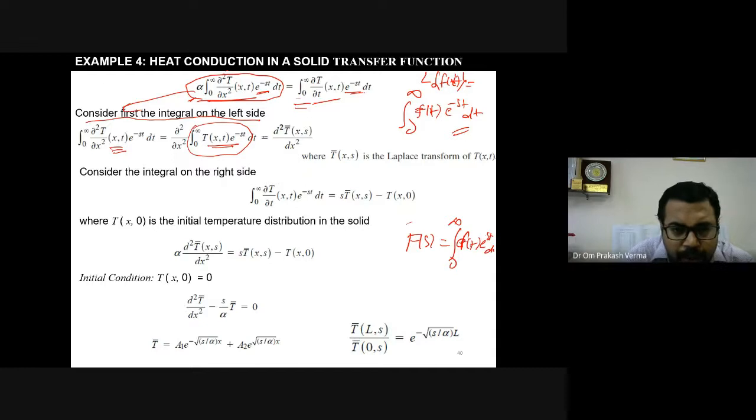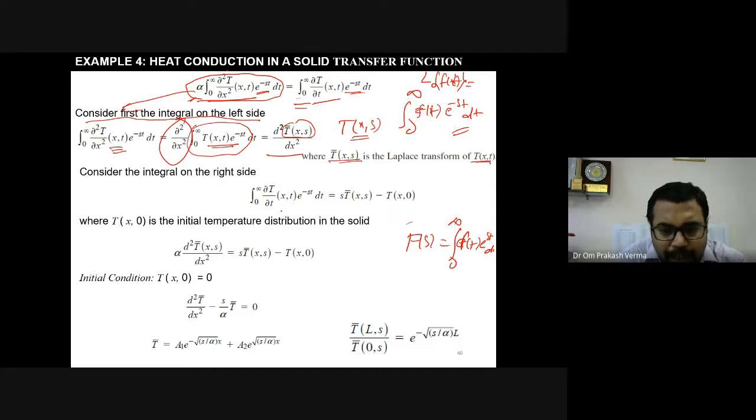So we have T bar (x,s), and this is d squared by dx squared, where T bar(x,s) is the Laplace transform of T(x,t).